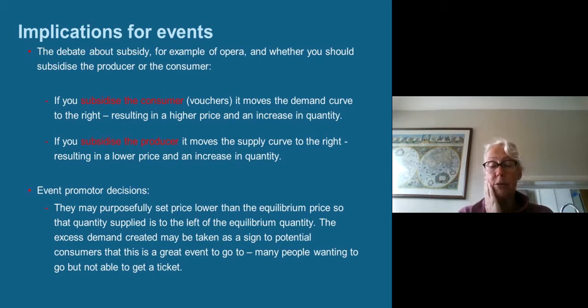On the other hand, if you subsidise the producer, it moves the supply curve to the right, and it results in a lower price and an increase in quantity. So both of them work in terms of increasing the quantity, but they have implications for the price. Now, I've spent a little bit of time thinking about the Eat Out to Help Out scheme this summer, which in various ways falls between the two, but it was a subsidy of the consumer, so effectively you could go and eat out for half price.